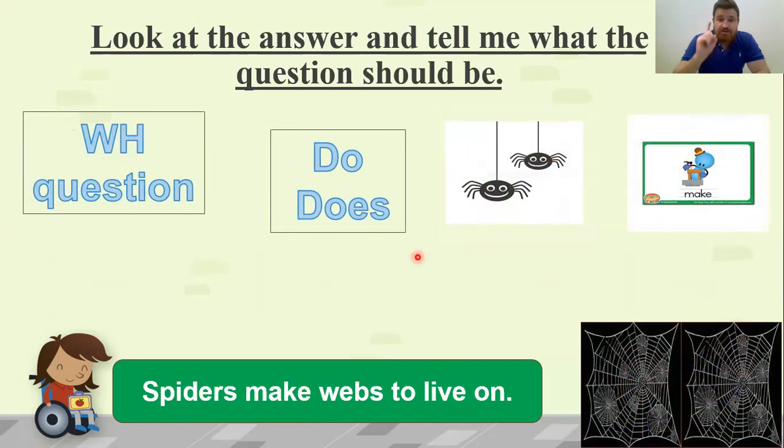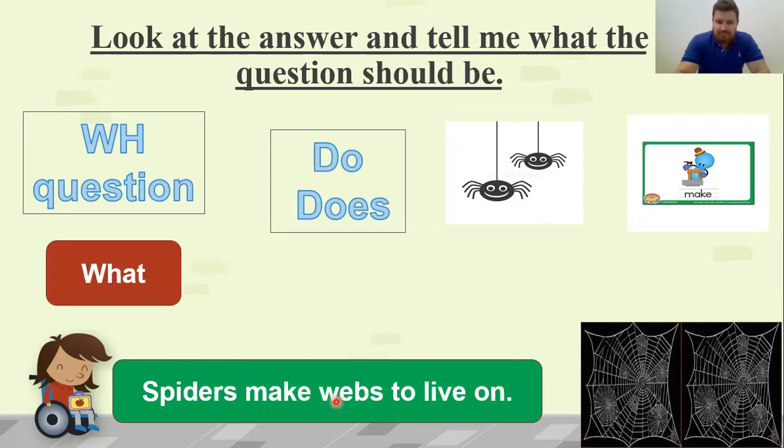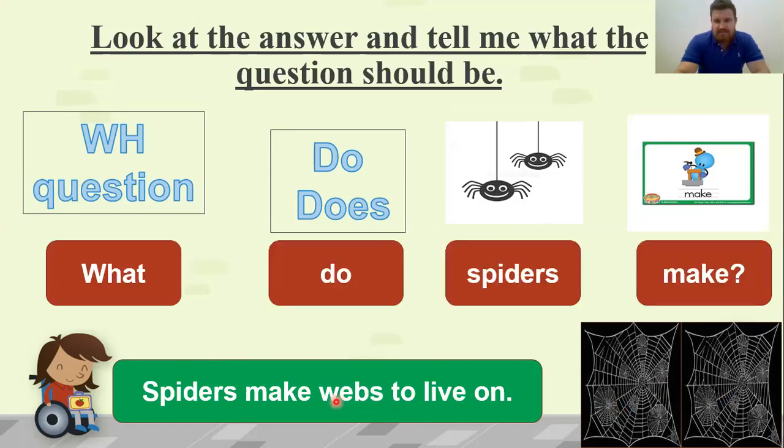So we are going to use the word do and the verb is make. So do spiders make? So do you think it's where do spiders make? Do you think it's how do spiders make? No. All right. The question for the answer is what do spiders make?